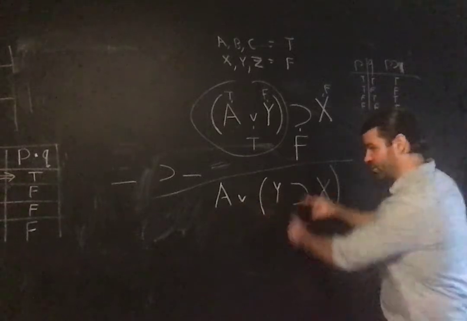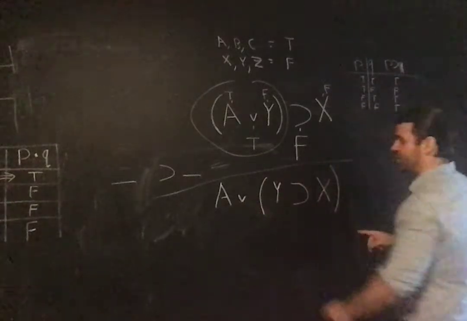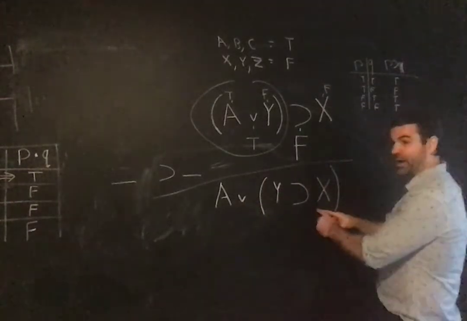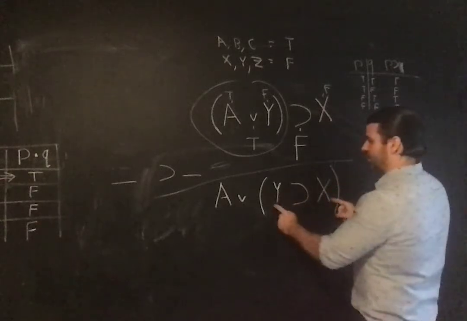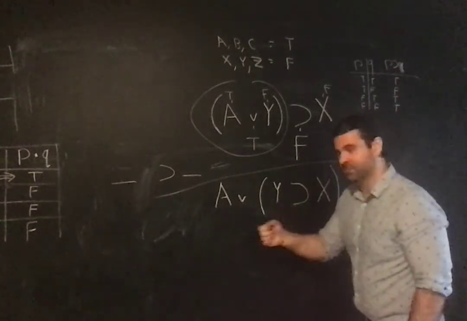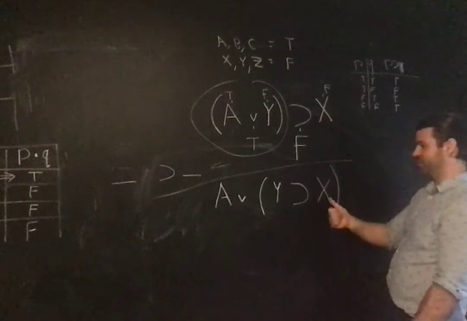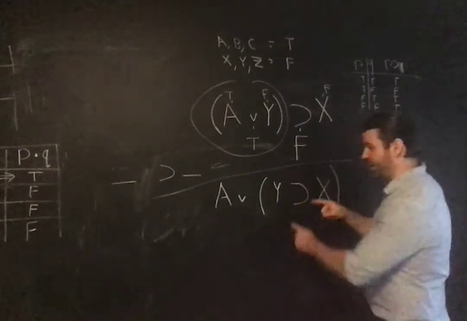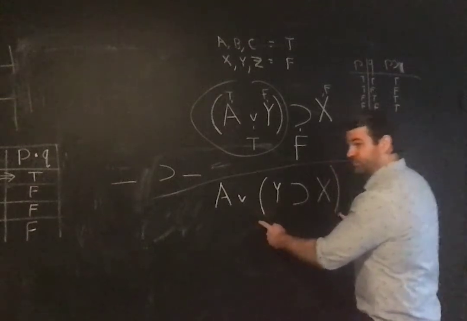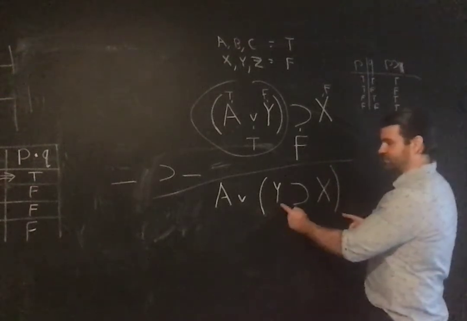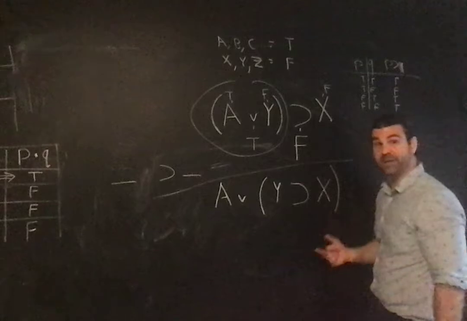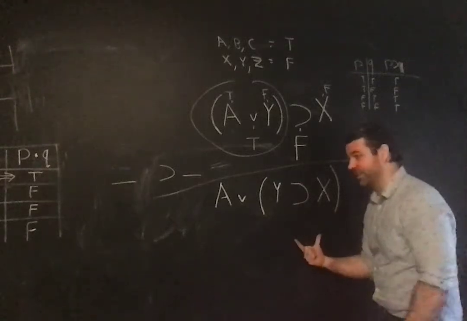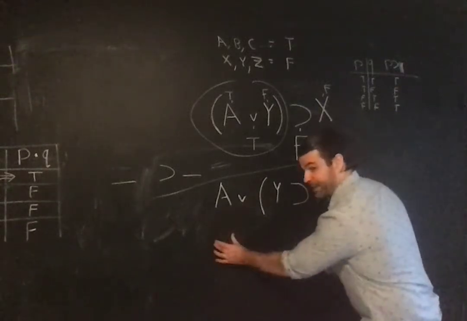Because here, with the parentheses, this means first I'm given the atoms A, comma, Y, comma, X, right? And then, second, I made a conditional of Y hook X, and then finally, I took that Y hook X and I disjoined it with A, right?